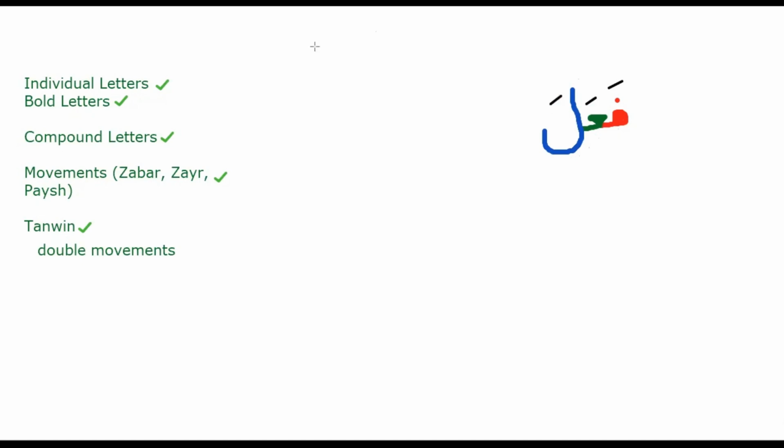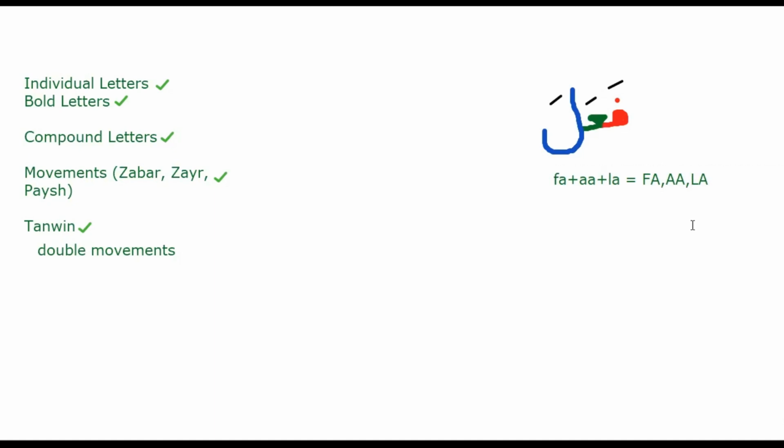So now we have to read them. What sound does it make? If I write the sounds here: fa zabar fa, ain zabar a, lam zabar la. So what do these three sounds make? They make the word fa a la, fa'ala.